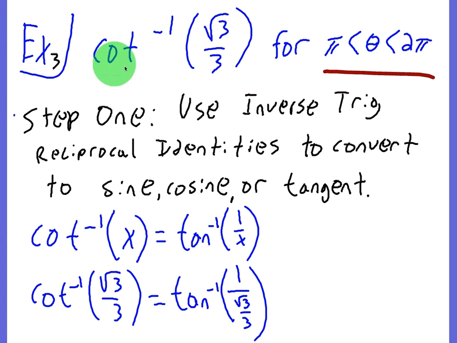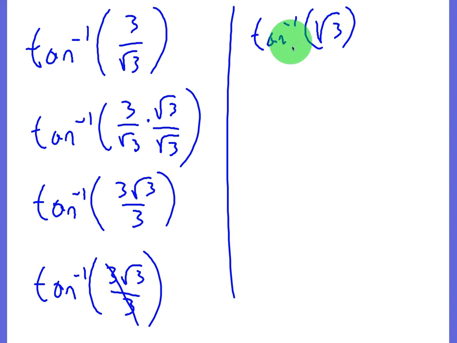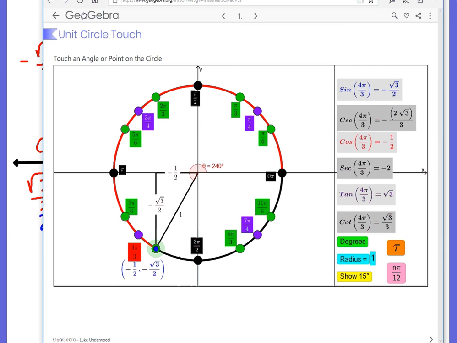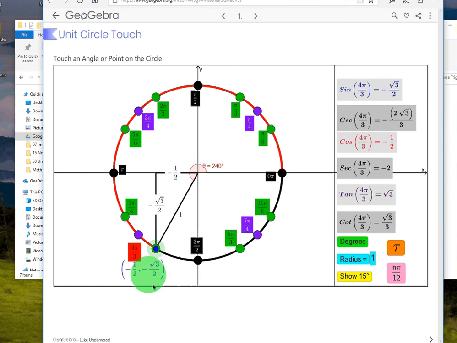So that was a lot. We've figured out cotangent inverse of square root of 3 over 3 by realizing it was the same as tangent inverse of square root of 3. We had to know our tangent unit circle and know that that was square root of 3 at 4 pi over 3, so we had to know in terms of radians, which we have right here.